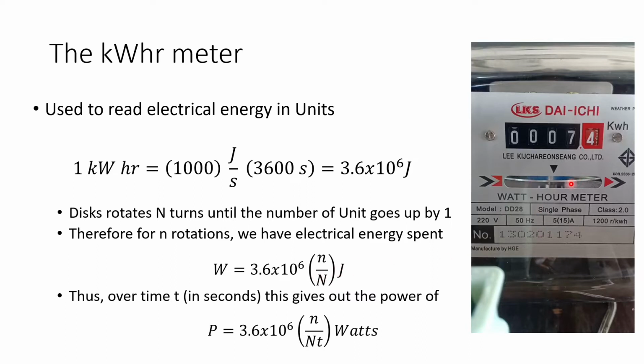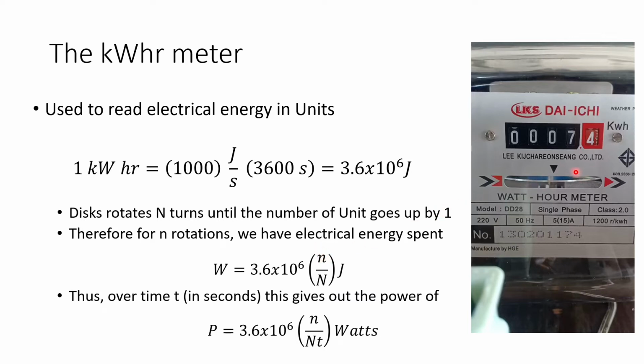If you watch this rotation and it rotates for n rotations, then you get the electrical energy spent just by counting the number of rounds. You count the number of rotations and divide it by 1200, then multiply that by 3.6 times 10 to the 6, and you get the joules.